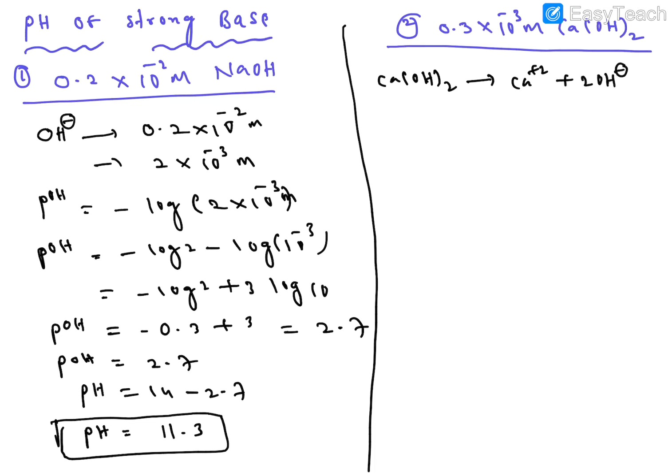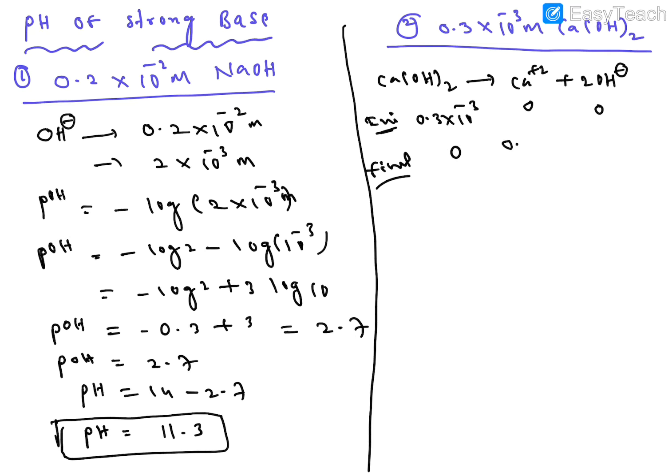So here the initial concentration is 0.3 into 10 to the power of minus 3, and here 0 and 0, and after that we will get the final concentration.